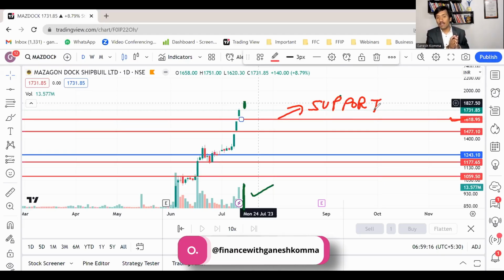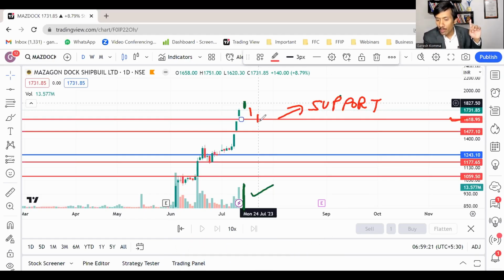For any reason, if the stock falls below it, don't think twice, exit. Because we are not here to compound our losses. We are here to compound our profits.